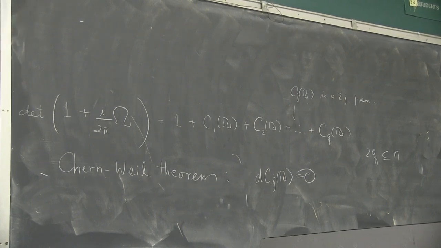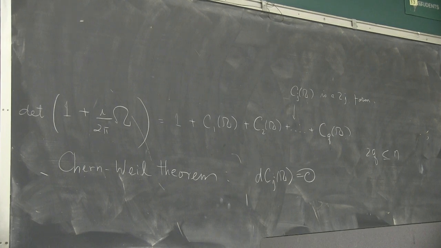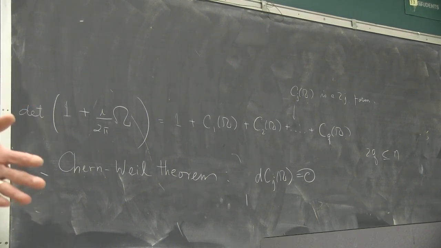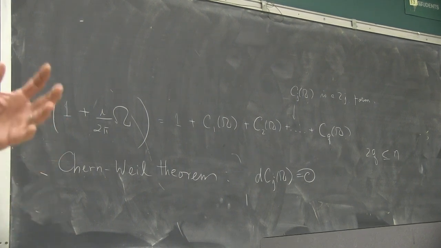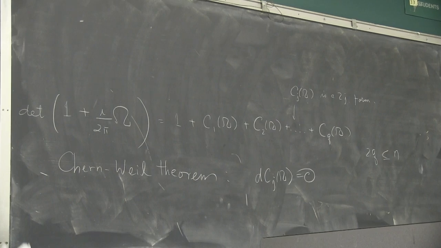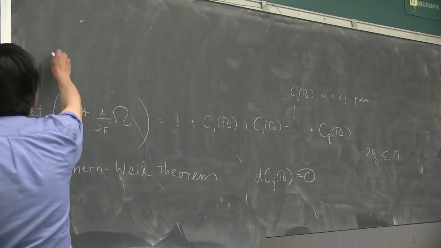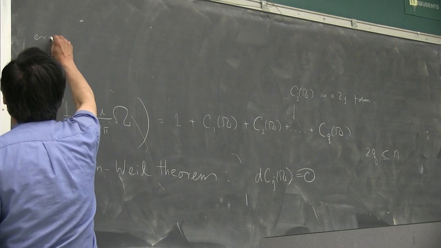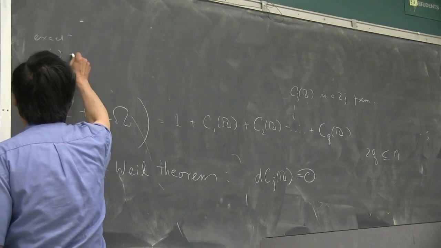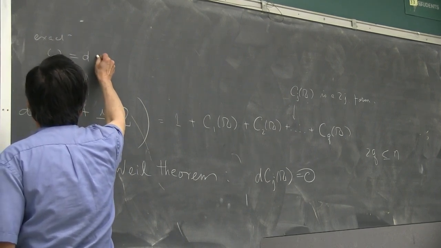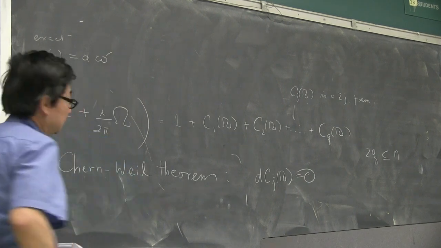If the form is a closed form, then you ask the question whether it's also exact. Normally, a closed form is not necessarily exact. Now, what is meant by exact? An exact form is one which can always be expressed as the exterior derivative of a lower order form. In other words, if a form omega is exact, then omega must be expressible as d of something else, a lower order form.